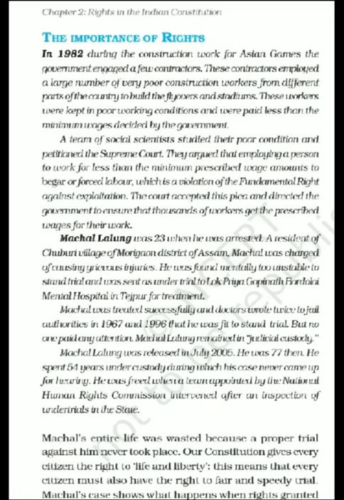Our constitution gives every citizen the right to life and liberty. So in this example, he had the right to a free and speedy trial, but his case, this illustration, shows what happens when rights granted by the constitution are not available in practice.